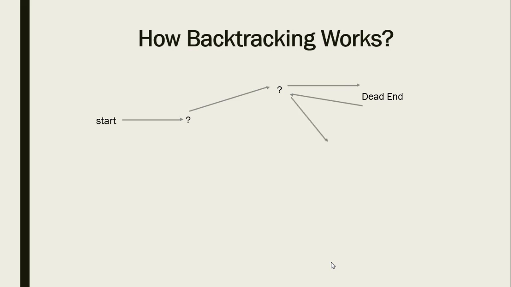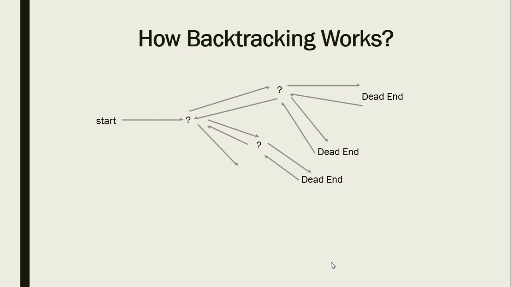Again, for this node, it will check a possible path. If it is a dead end, it will go for backtracking. Again, the same thing repeats. It will backtrack, and a new path will be discovered. It will check for a dead end. If it is a dead end, the backtracking has to be done here. So again, it is backtracking.